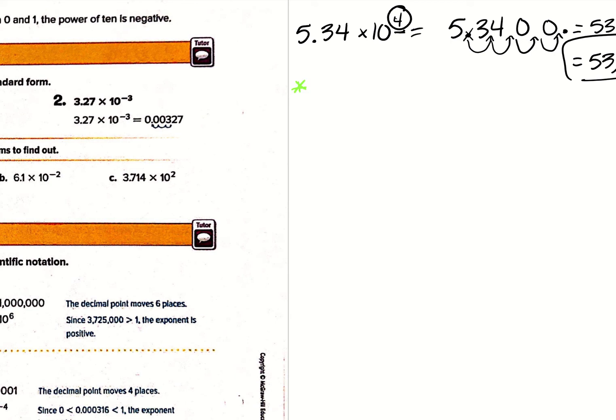When the exponent is positive, you are going to move the decimal to the right, and that would be this direction, in case we don't remember our rights and lefts. So that would be if we have a positive exponent.